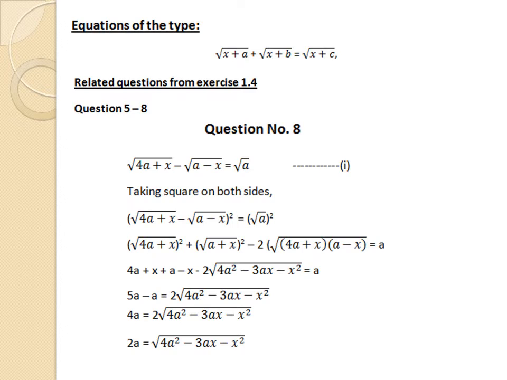So after simplification, students, we get 4a is equal to 2 into square root of 4a square minus 3ax minus x square, and when we divide both sides by 2 to further simplify this equation, we get 2a is equal to square root of 4a square minus 3ax minus x square.